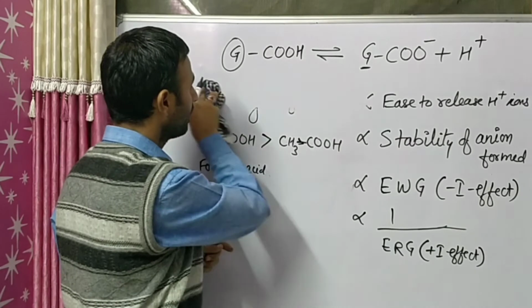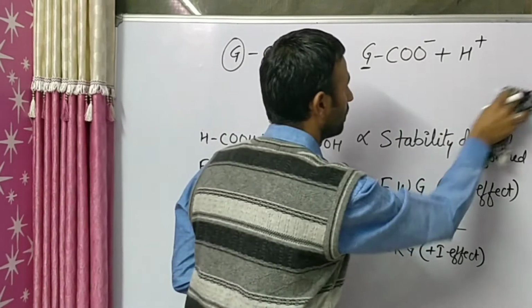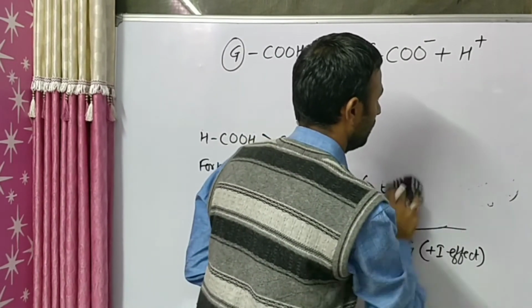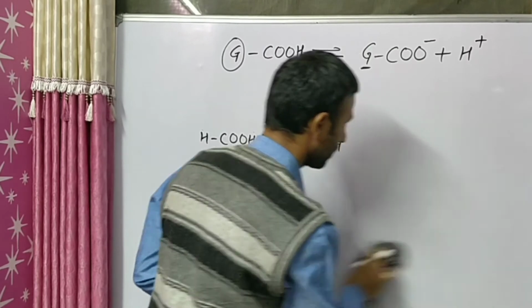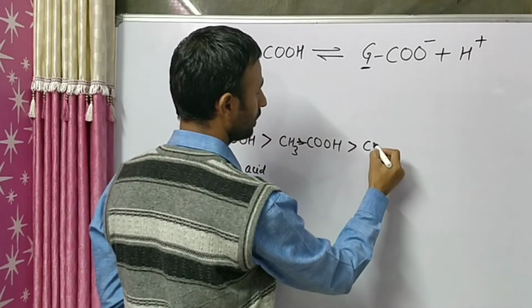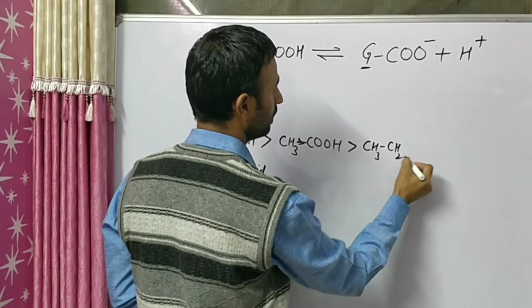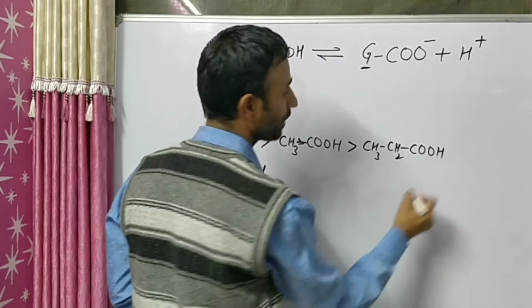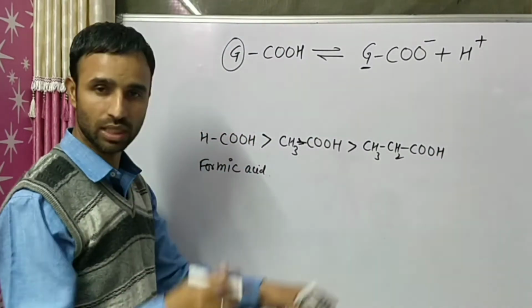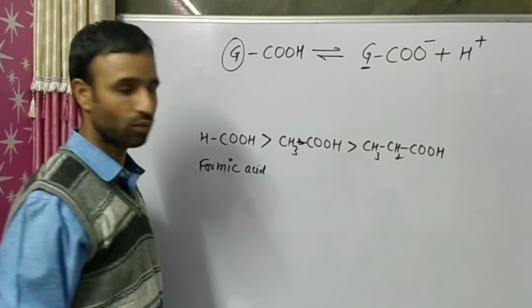And if we have another group like ethyl, it has more releasing effect, so acidic strength is low.